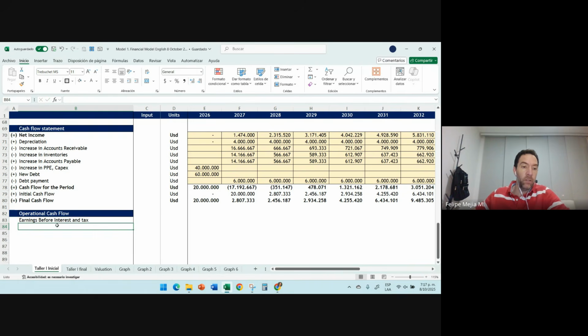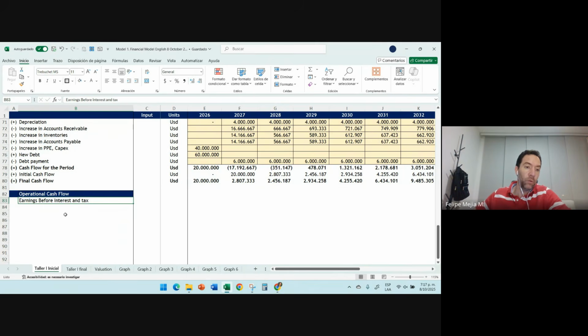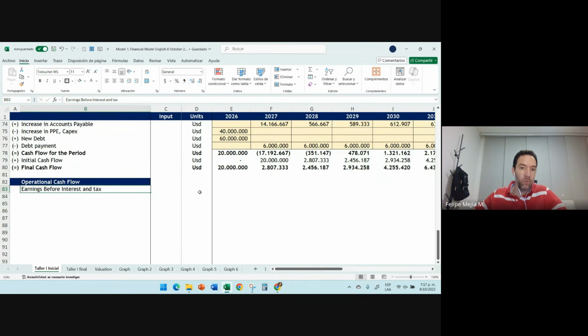Why does it start in a subtotal that's before interest and tax? Well, mainly because if we take this $60 million and its related interest, we have the problem that we're trying to solve in the first place. So we need to find the earnings before interest and tax.